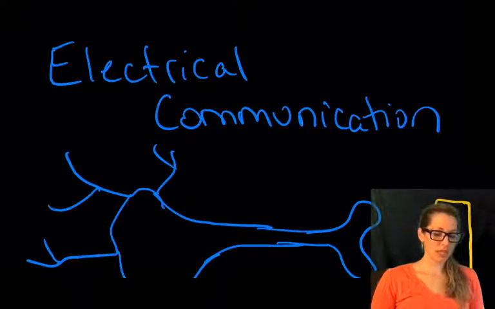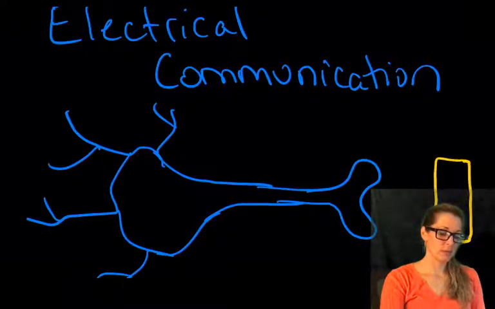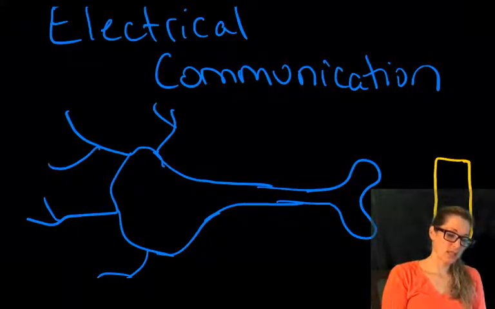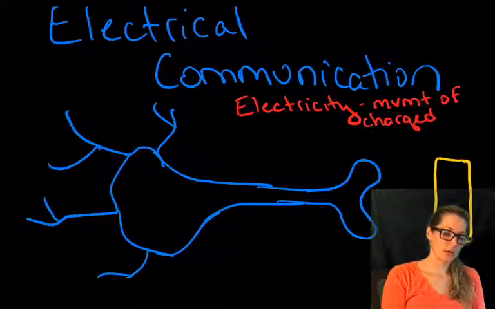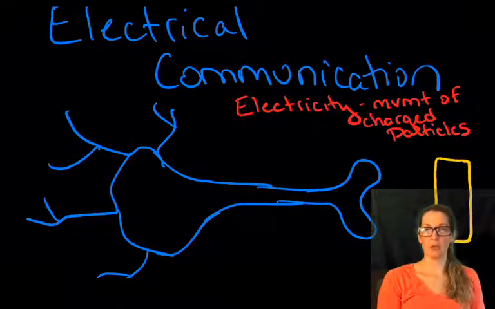Electrical communication, what it is, electricity, is the movement of charged particles. Of course, we could get far more technical than this, but this is what we're going to focus on when we're discussing the nervous system: electricity is the movement of charged particles.